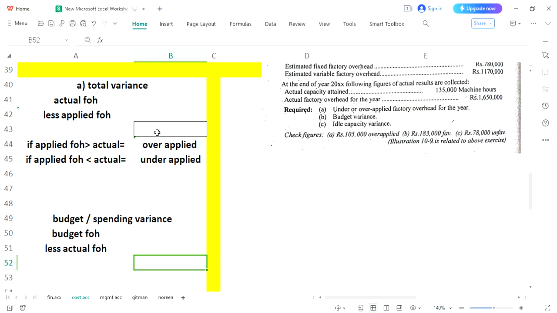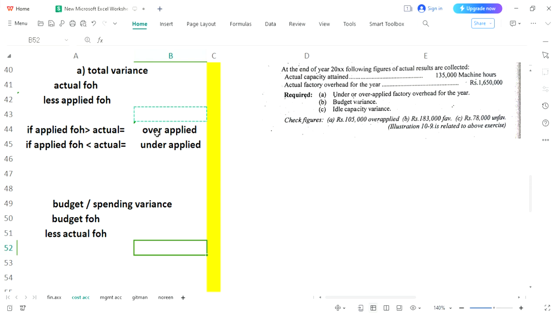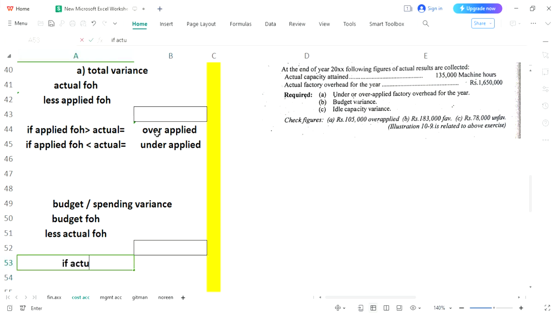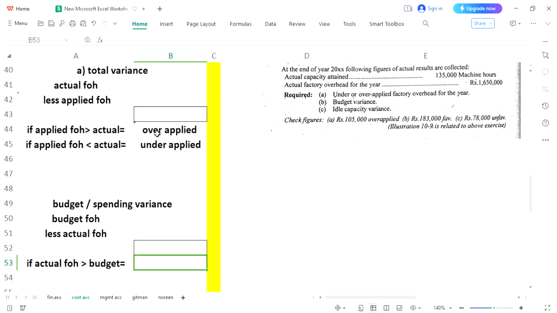Here you have calculated your under or over applied. In a similar way you will calculate your budget variance, and with this budget variance you will decide how much difference is between your budget and actual FOH, and finally you will conclude: if actual FOH is more than your budget, then you will call it unfavorable, and vice versa.